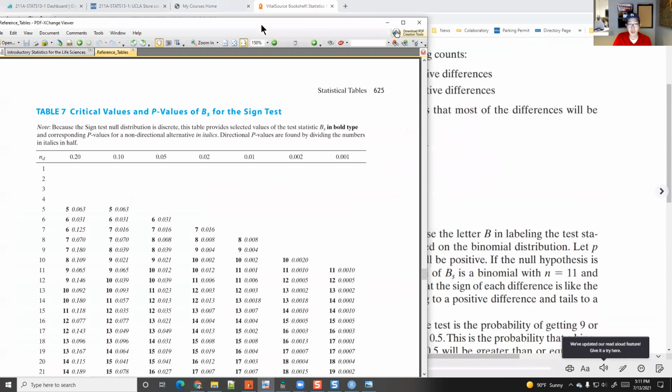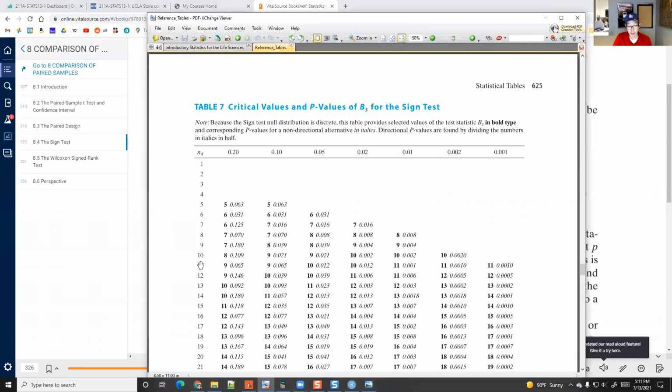In this case, we have 11 observations and we have 9 positive values, okay? And so our non-directional p-value would be 0.065. And because it's directional, p-values are found by dividing the numbers in italics in half. We're going to take this number 0.065 and divide by 2.